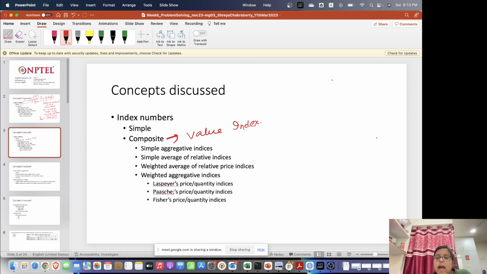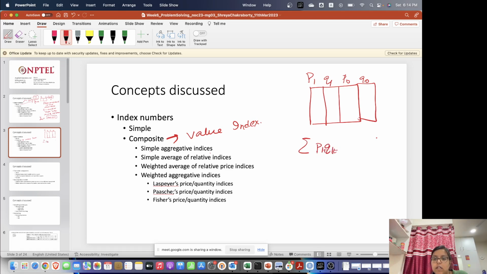If I have, let's say, the price and the quantities for one time point and the price and quantity for a base time point, then summation P1T Q1T by summation P0T Q0T.